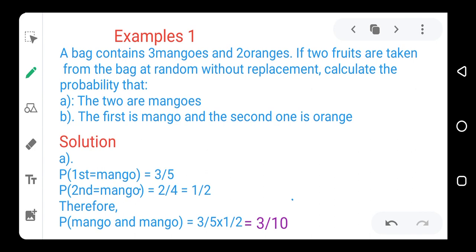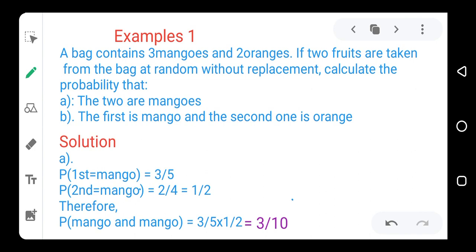So we now have a reduced sample space. The sample space now is 4 and the number of mangoes available now is 2. So we have 2, which is the event we are looking for, over 4, which is the sample space. So this gives us 1 over 2.